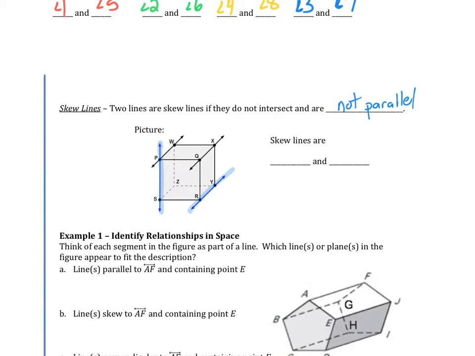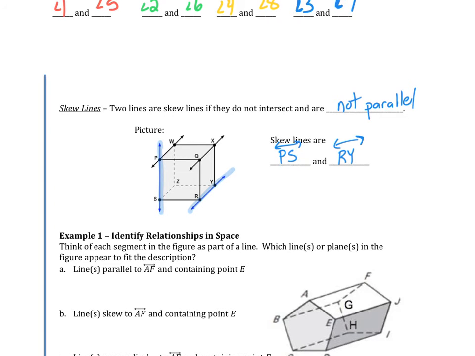Line PS and line RY, those are what we call skew lines, because you can tell they're not parallel. PS kind of goes up and down, and RY is kind of like a horizontal line on the floor. They're never going to cross each other, but they're also not parallel. So that's what skew is.